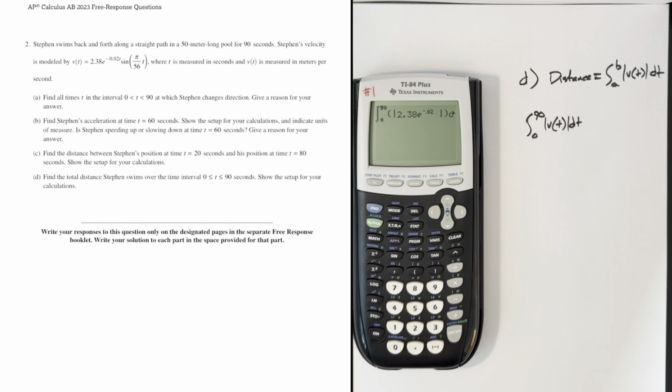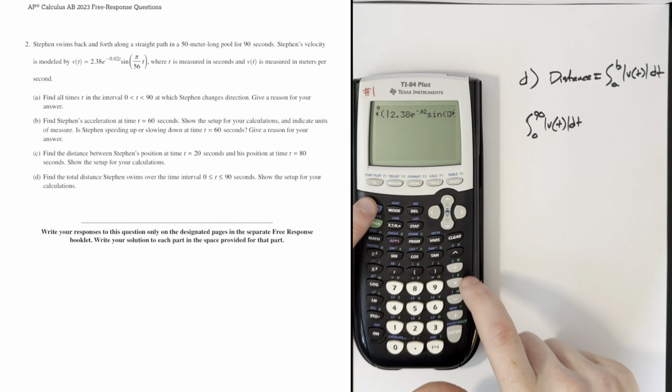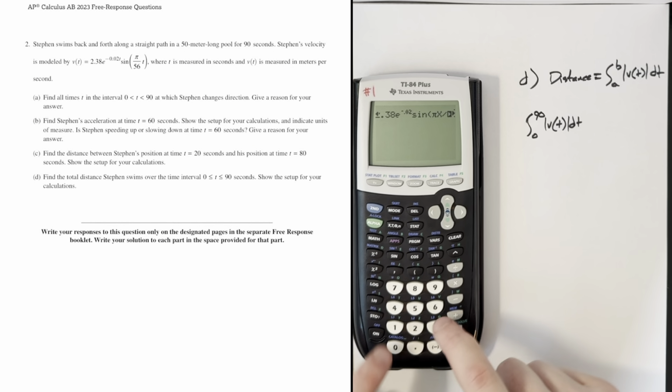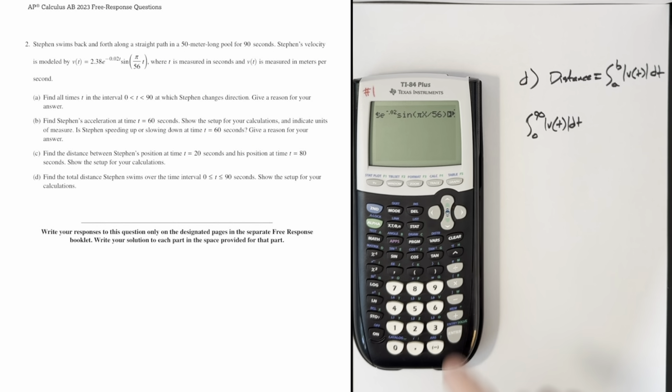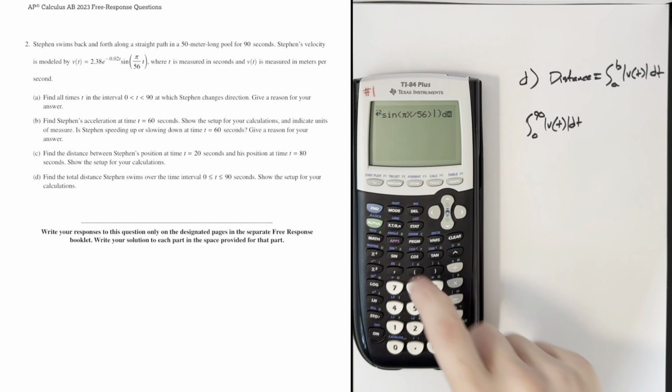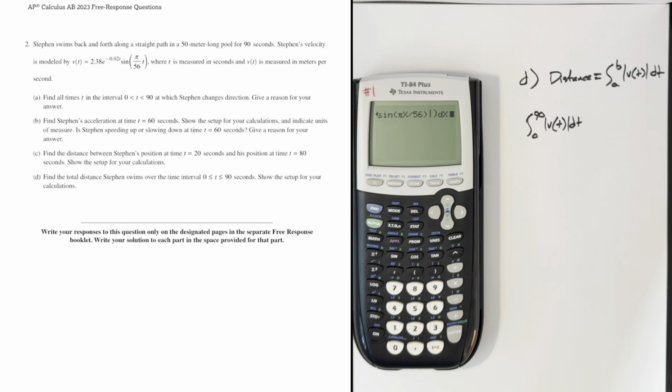And now we are multiplying that by the sine of pi x divided by 56. And this is my integral. And there are those absolute value bars. On the other side, dx. Let's see, how's the calculator do? The calculator is really bad at solving absolute values.